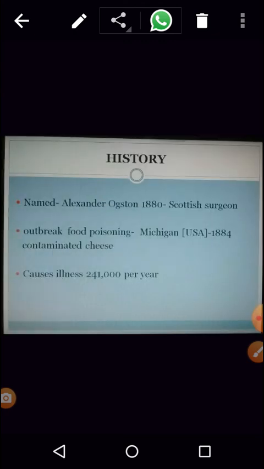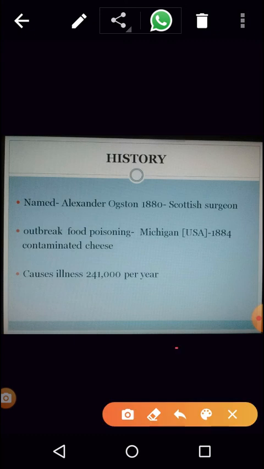To start with the history of this organism, it was first studied, isolated, and named by a Scottish surgeon, Alexander Ogston, in the year 1880. He first isolated this organism in the lesions, in the wounds of human beings, and thus he named the organism Staphylococcus.